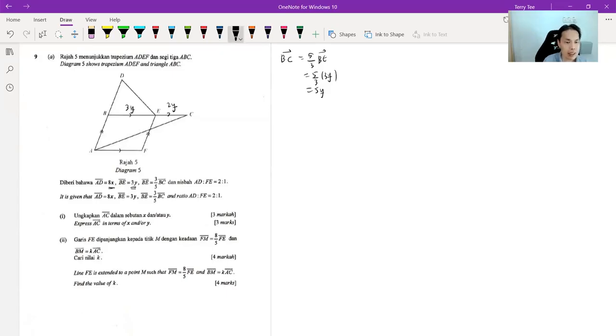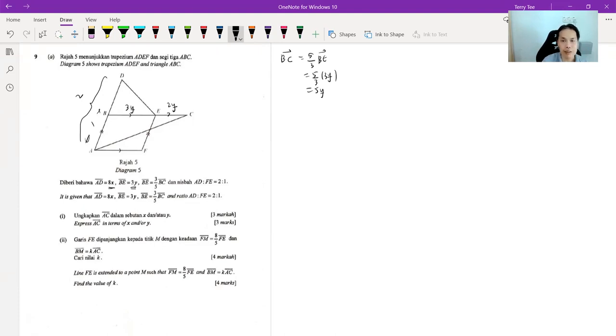At the same time, the ratio of AD to FE is 2:1. That means AD is 2, FE is 1. FE is the same as AB. This is 1, so the whole thing is 8x.